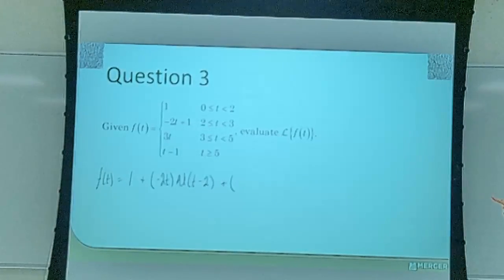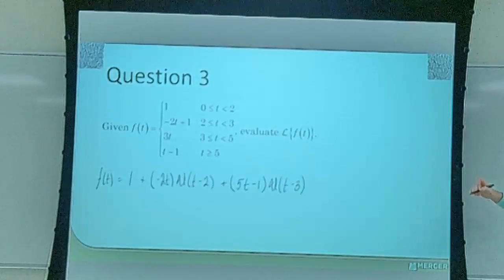So 3t minus that negative 2t plus 1. 5t minus 1, right? That's, oh, yeah, okay. Times the unit step function at t minus 3.